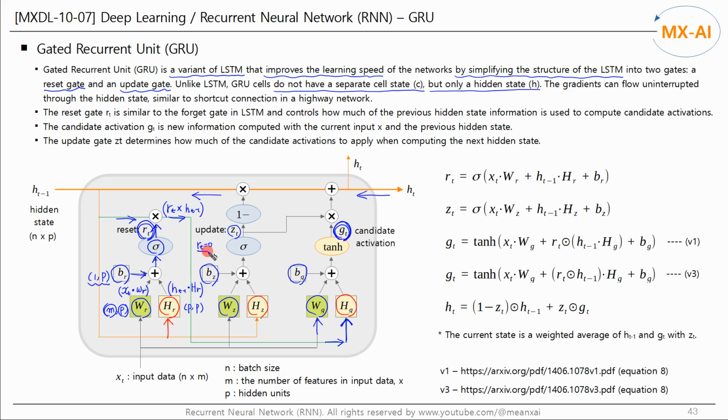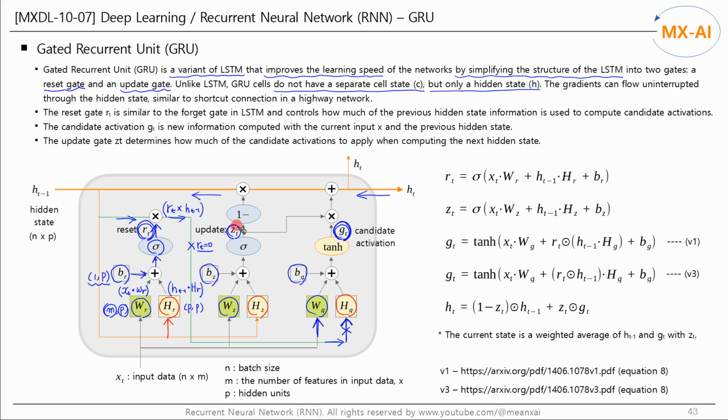If RT is 0, the reset gate is closed and no previous hidden state information is used when computing candidate activations. That is, the candidate activations are calculated only with the current X, regardless of the previous hidden state.